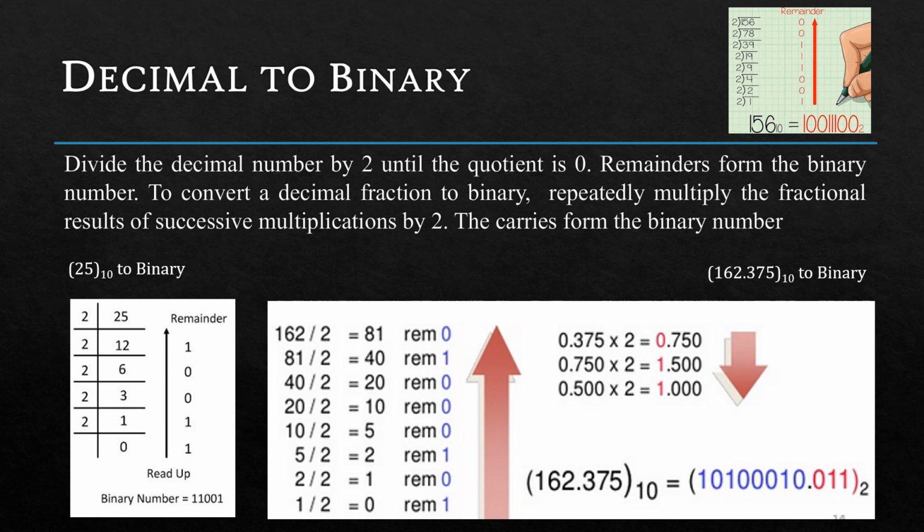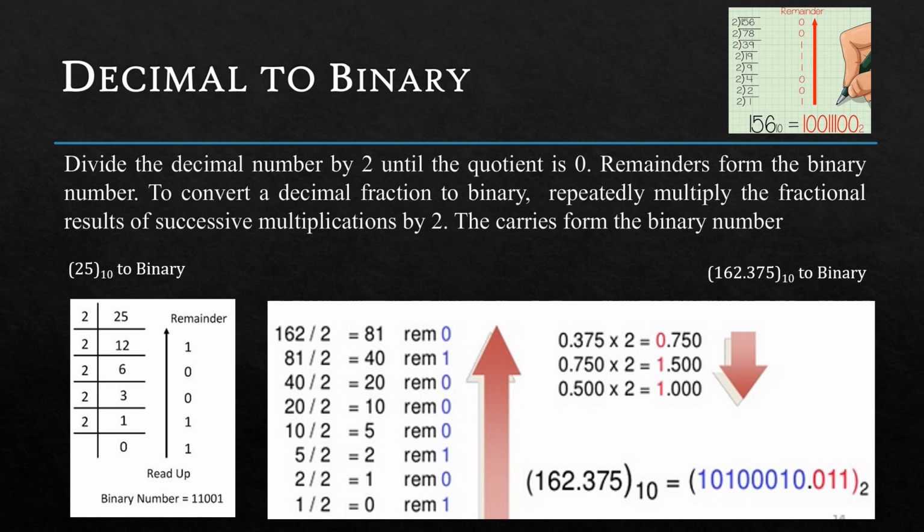Fine. Now let's look at a decimal fraction. We are going to represent 0.375 base 10 in binary. First we multiply this number by its radix. Since it is binary, the radix value is 2. So 0.375 into 2 gives 0.750. The 0 is taken out, that is the carry.